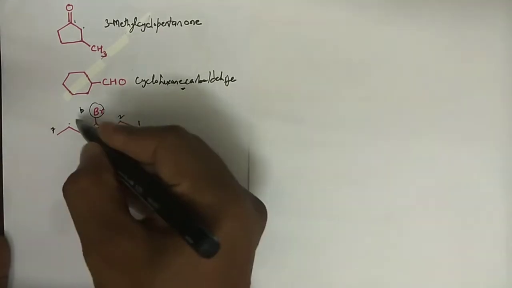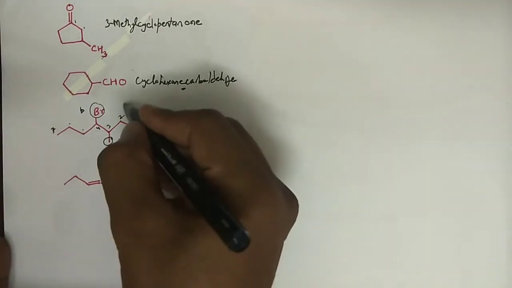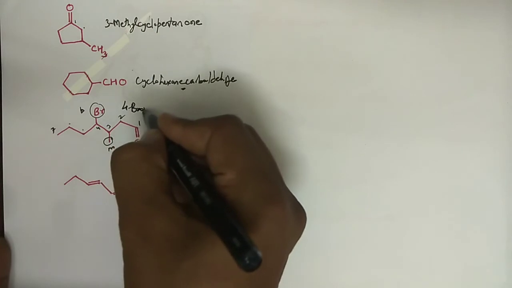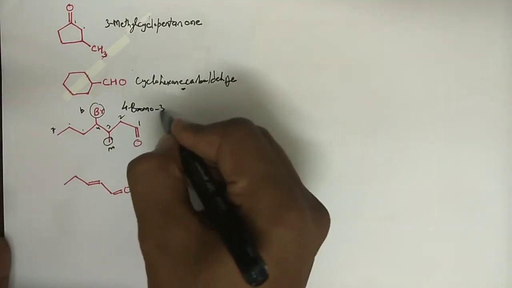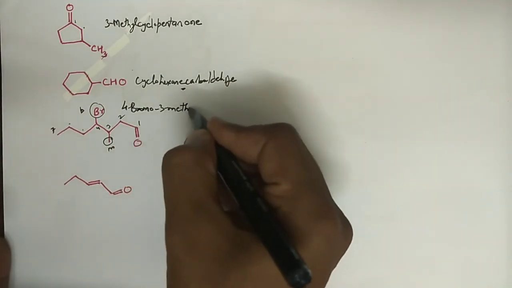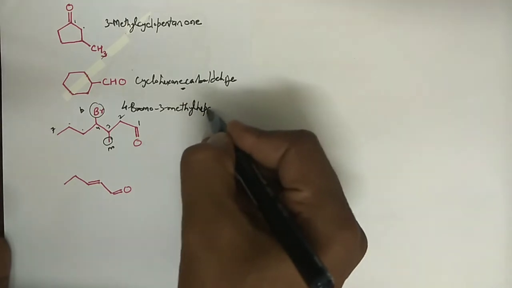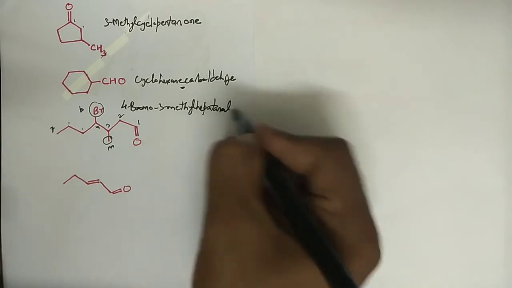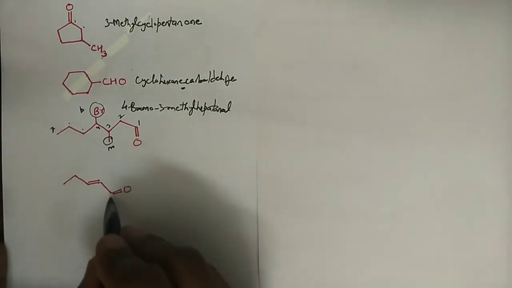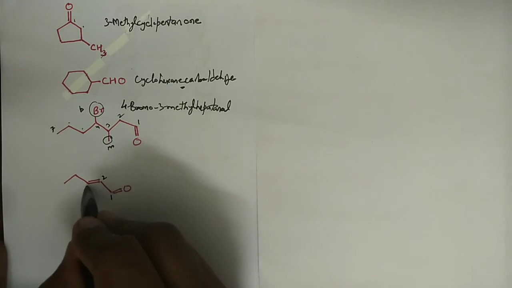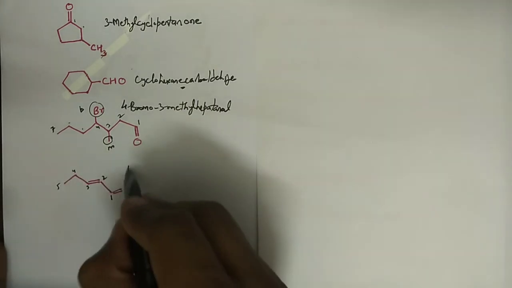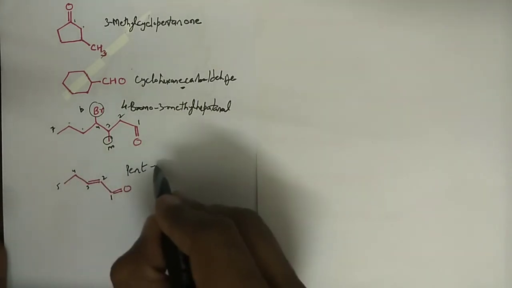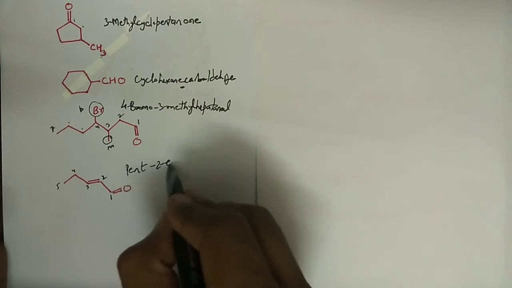So write down alphabetically. B should be first, so it is 4-bromo-3-methylheptanal, right? Okay, and this compound 1, 2, 3, 4, 5. So this is pent-2-enal, right?